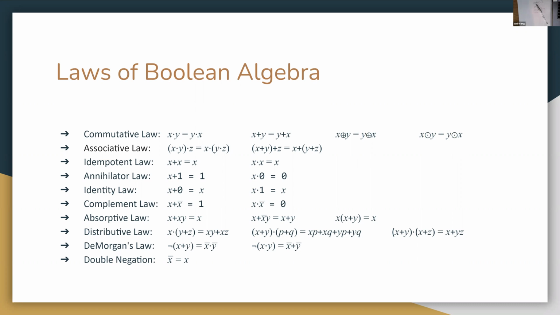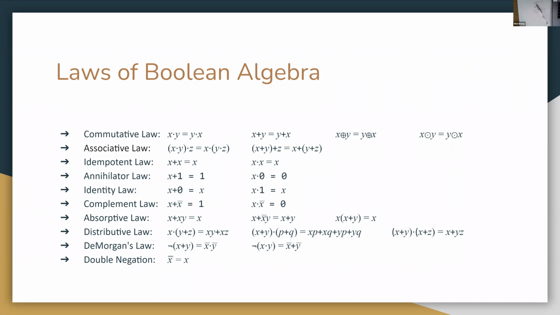And if you think about multiplication and addition, they also have this feature. Like A times B equals B times A, A plus B equals B plus A. You have this same kind of law at the primitive math level, right?